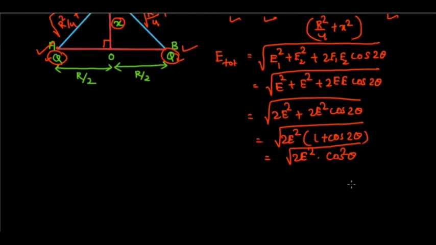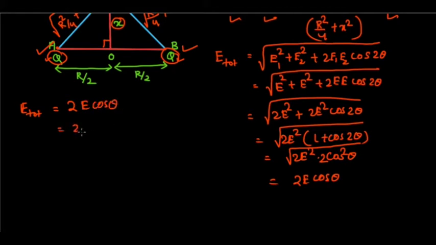So the answer will be 2E into cos theta. So we got that the total electric field E total is 2 into E into cos theta.